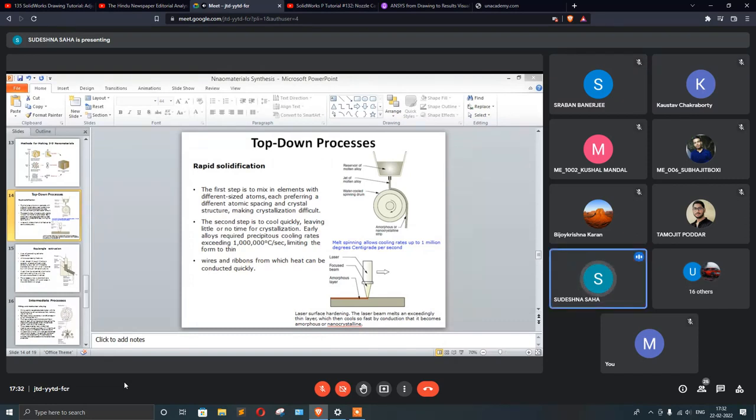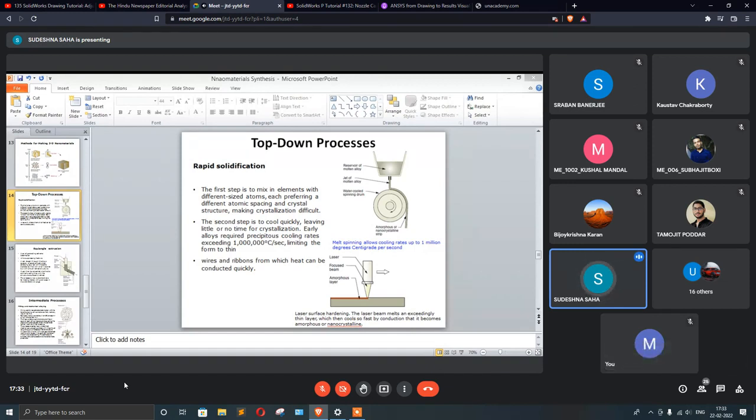So the first one is the rapid solidification process, where the idea is that if you cool the material at very normal rates, most liquids solidify to give solids with large crystals or grains.